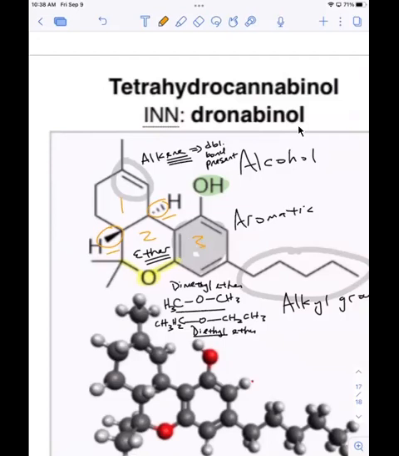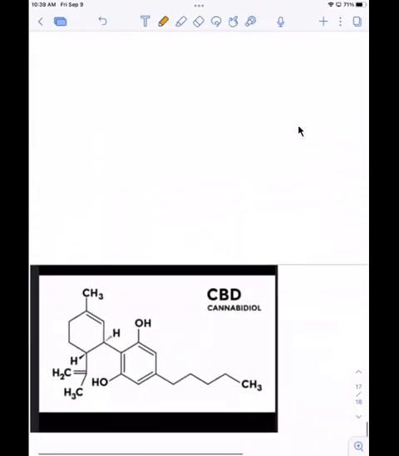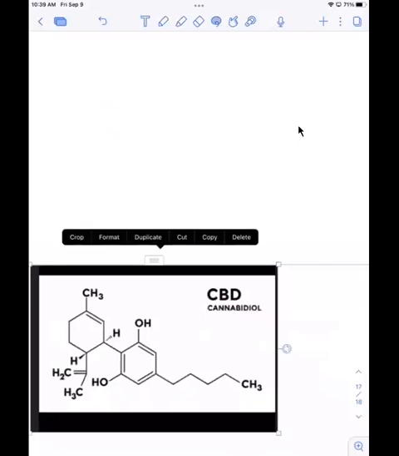So that means it's going to fit into that receptor like it's supposed to. If you look at the other molecule down here, I'm going to put it up on this page so we can look at them side by side.